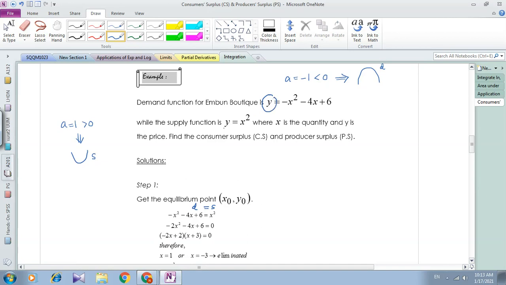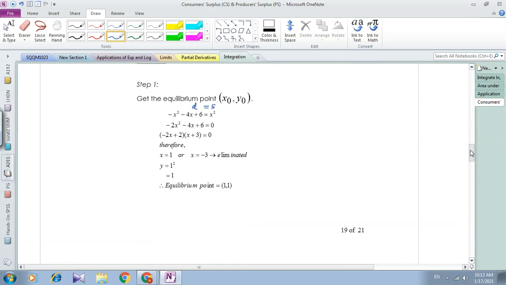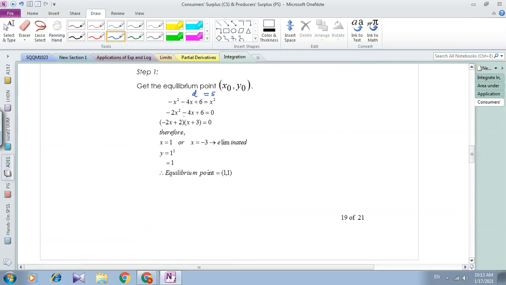Both are y, so we can equate these two to get the equilibrium point, or specifically the x naught value first. So demand equals the supply function, and as we solve the equation, negative 2x squared minus 4x plus 6.